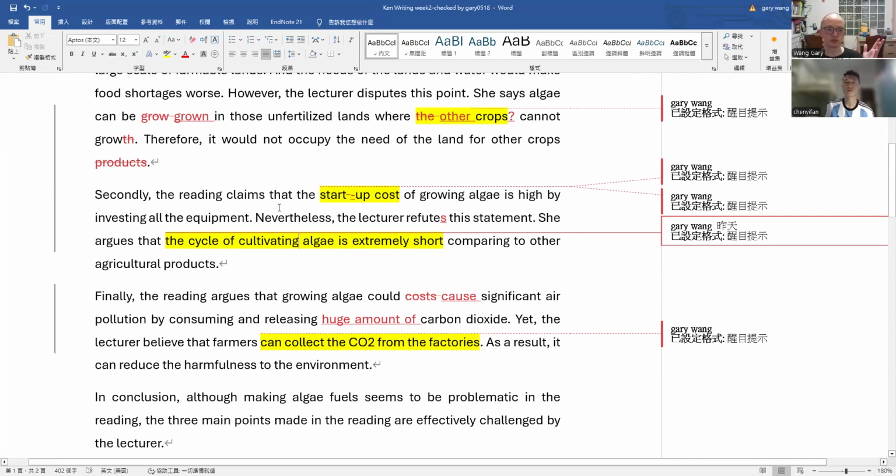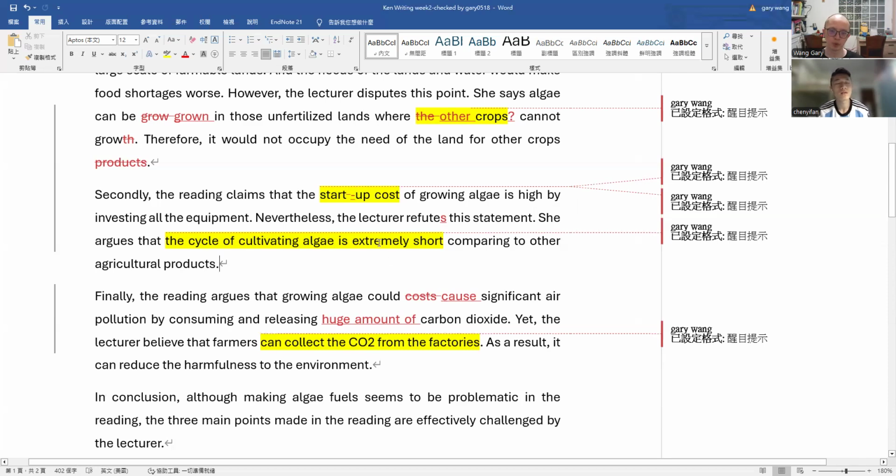What exactly do you want to talk about? Are you talking about startup cost or are you talking about the short cycle period? I'm not sure which one is your main point. Can you answer the question? So what is your main point in this one paragraph? Is it the startup cost or the short cycle of cultivating period?